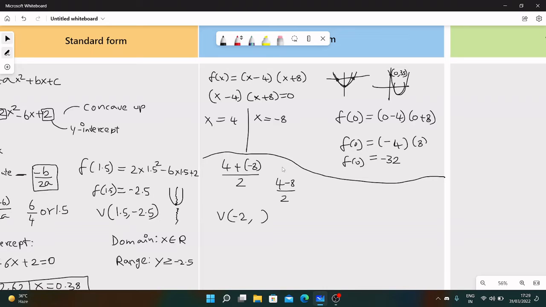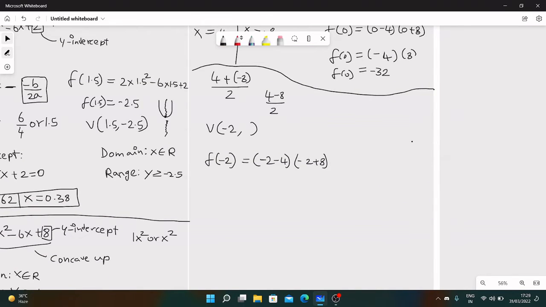To find the y coordinate of the vertex, we have to simply give the input as the x coordinate. So just like the previous one, in the standard form, similar way, we know that the x coordinate of the vertex is minus 2. So we will say f of minus 2 equals minus 2 minus 4, minus 2 plus 8, right?